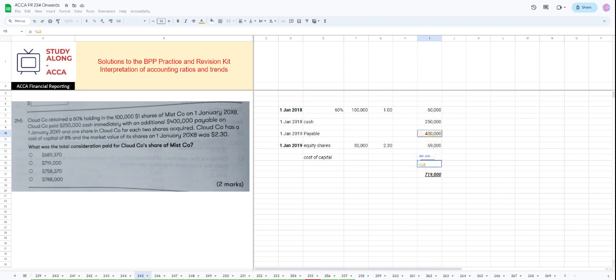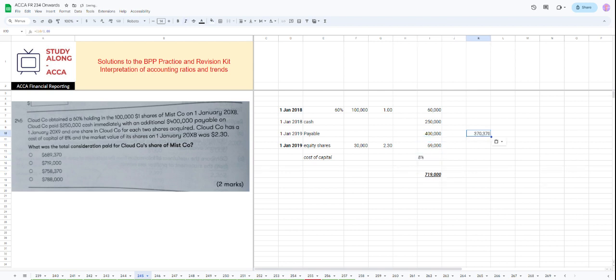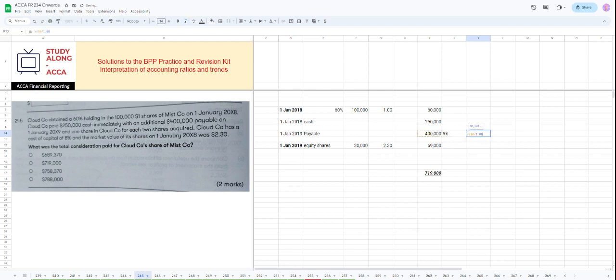We take this payable and divide it by 1.08. So instead of 400,000, we will take 370,370, because 8% is the cost of capital.